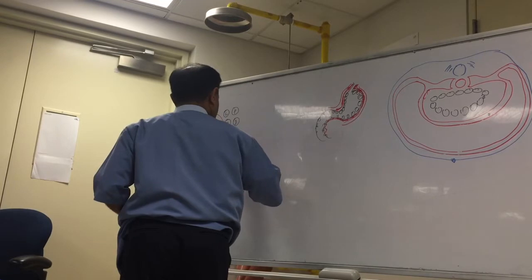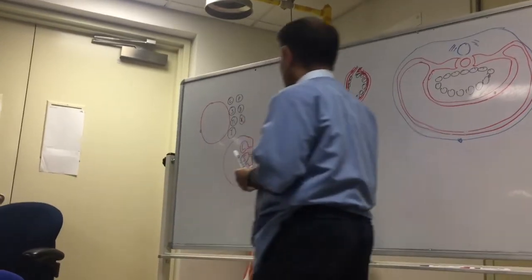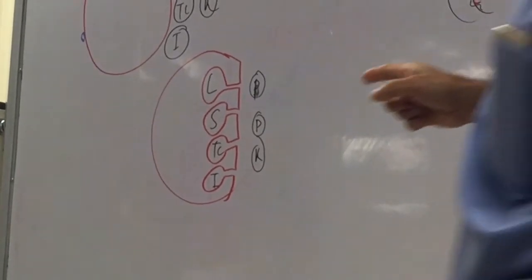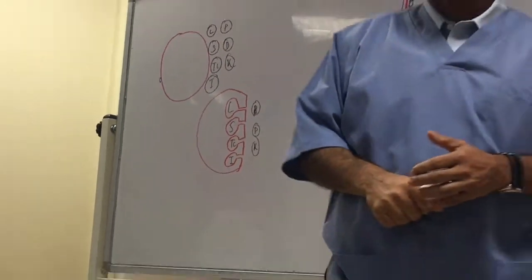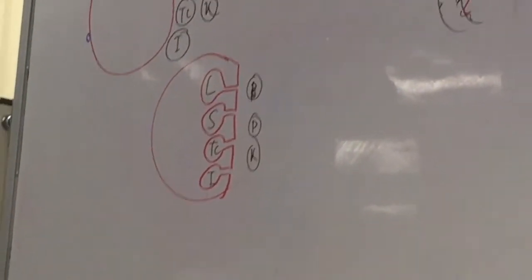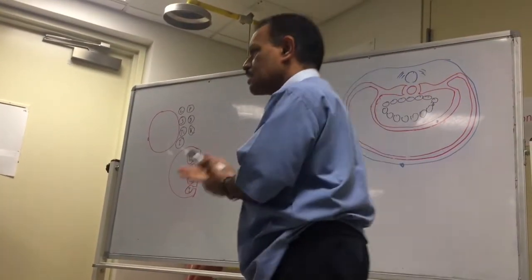And the pancreas, duodenum, and kidney remain outside. Makes sense to you? These organs are intraperitoneal. When they move inside, you are inside. You are very active. Came at 8 o'clock. Came inside the house.